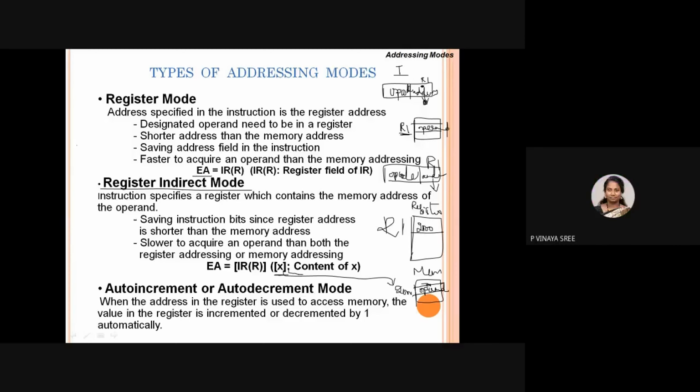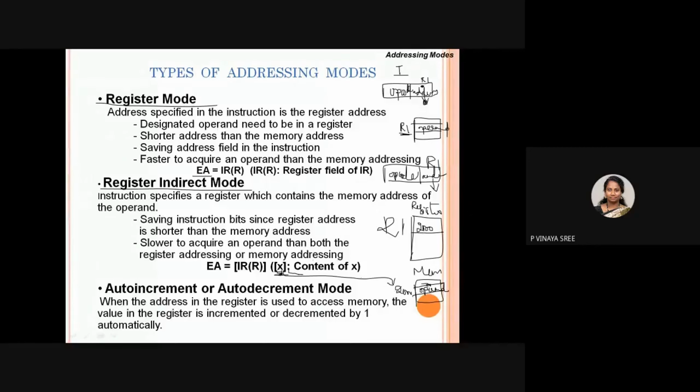Whereas in register mode, the effective address is R1. In register indirect mode, the effective address is the X location we have mentioned, which is 2000.